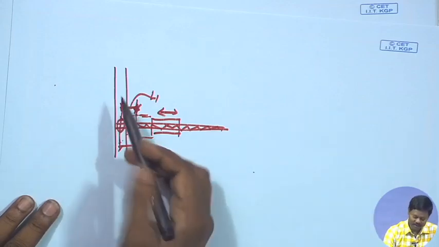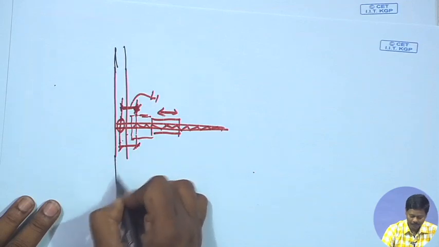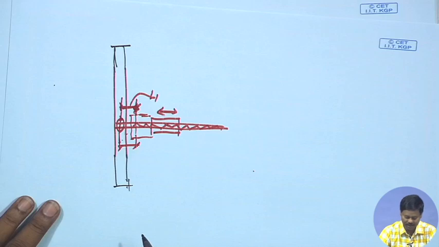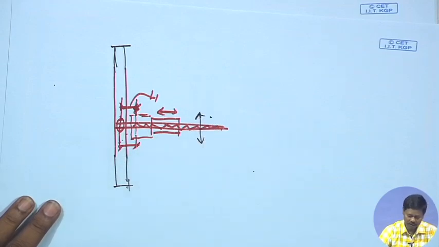Then the second case is, suppose from this to this is the gantry span. Now this crane is moving like this.